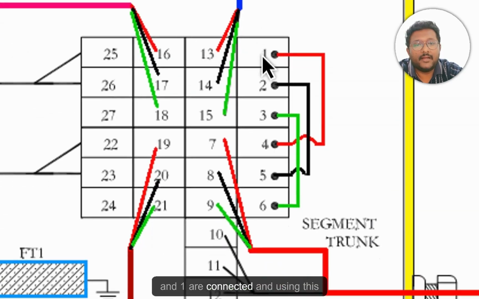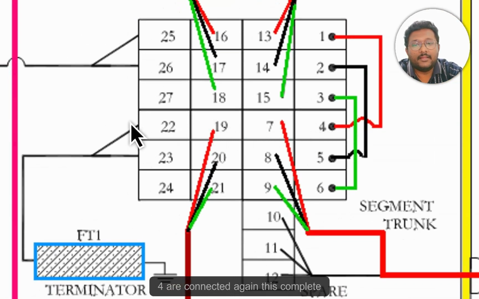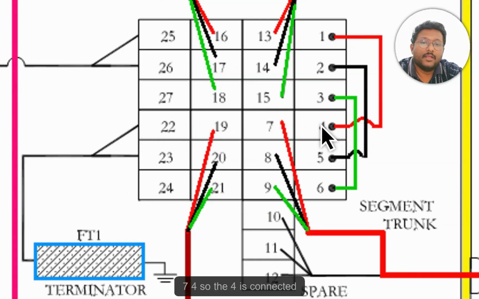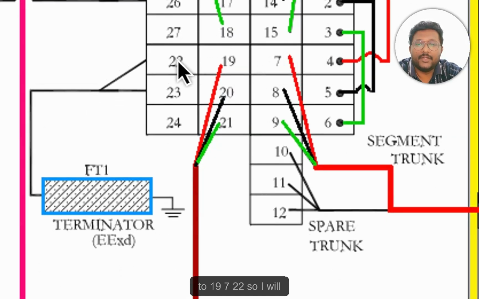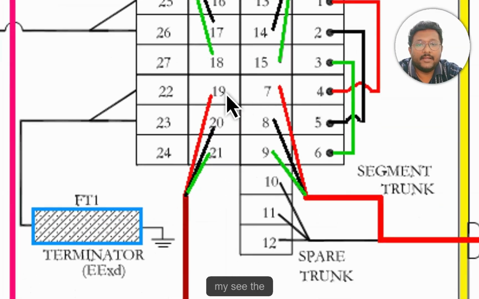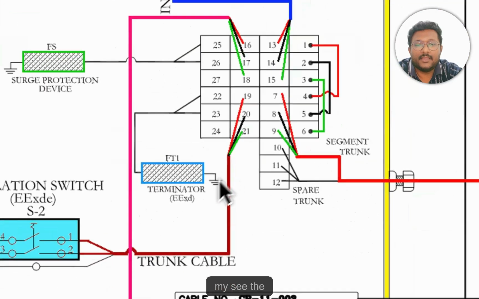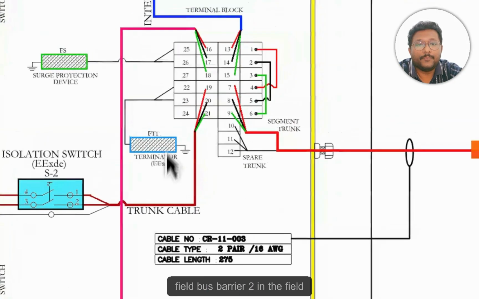13 and 1 are connected, and using this external jumper, 1 and 4 are connected. Again, this complete line is connected internally: 22, 19, 7, 4. So the 4 is connected to 19, 7, 22. So I will consider this 4 and 19. This is my, see, brown color line coming from field bus barrier 2.